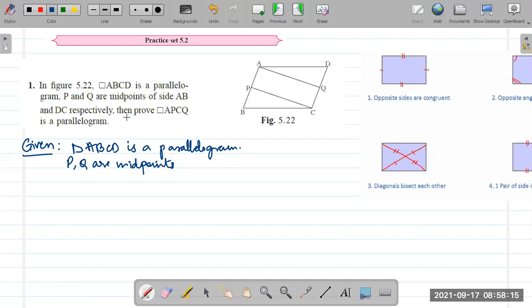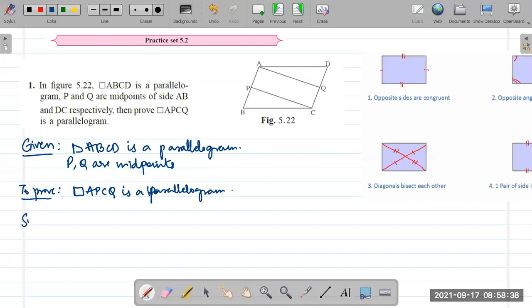This is given. And we have to prove, so write it out like this, to prove. What are we asked to prove? That quadrilateral APCQ is a parallelogram. We have to prove this. So given, to prove.